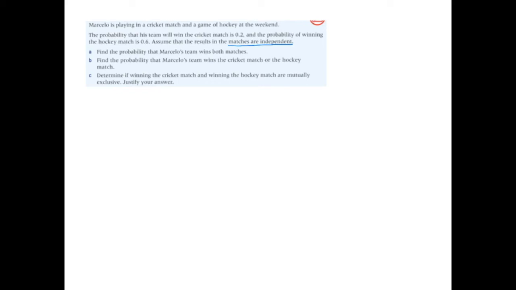So the first question is, find the probability that Marcello's team wins both matches. Let's do C for the cricket match. So C represents win cricket. We know that the probability of them winning the cricket match is 0.2. And then we also know that the probability of winning hockey is 0.6.